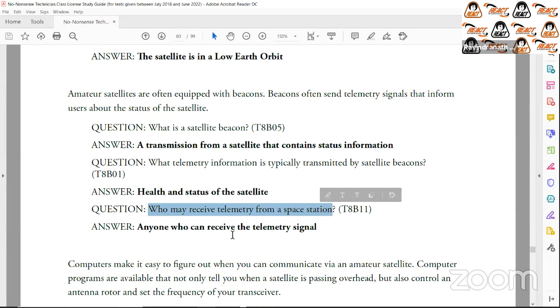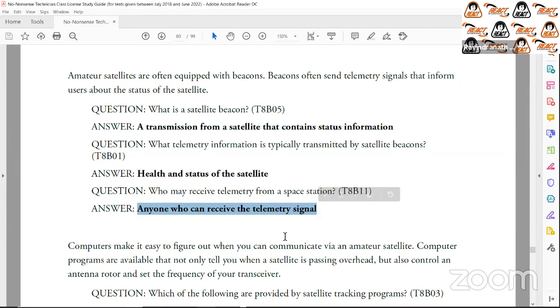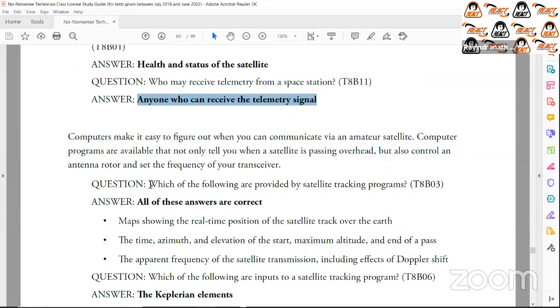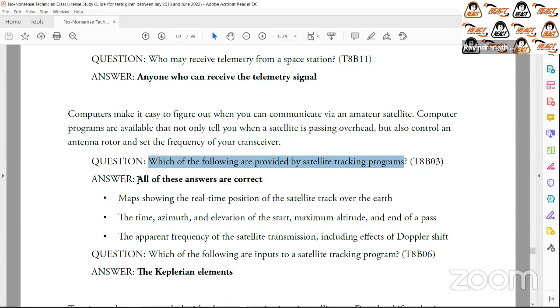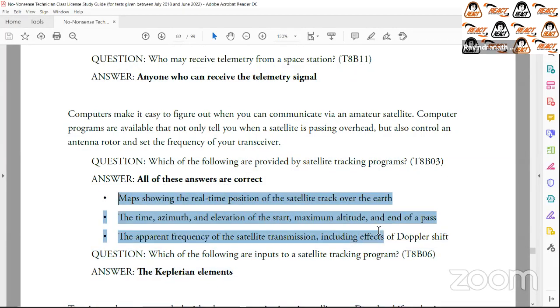Who may receive telemetry from a space station? Well, simply anyone who can receive the signal. Once you could get the signal, you could receive it. It's not restricted. Which of the following are provided by satellite tracking programs? Well, all of these are correct. You can get maps that show the real-time position with satellite track over the Earth.